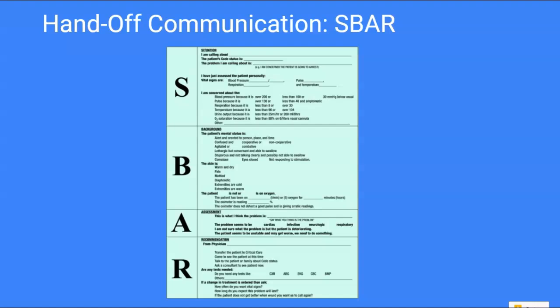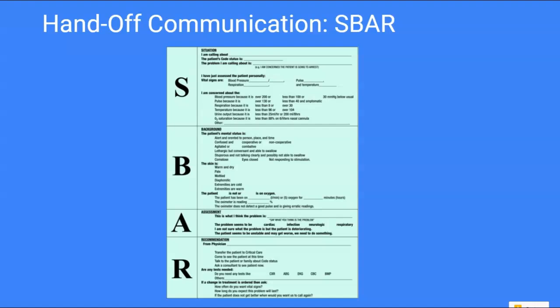So we have this kind of standardized way of communicating. It's called handoff, and it's shortened to SBAR. So the S is situation, B would be background, A is assessment, R is recommendation.